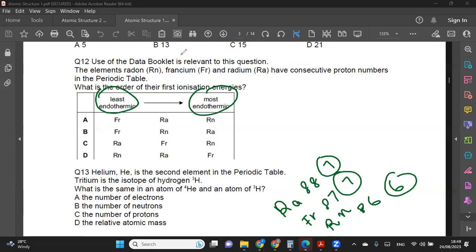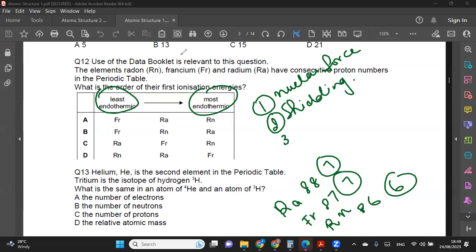First of all, let's try to take a look at which one of them will have the least ionization energy. When we take a look at ionization energy, I told you guys we will take a look at 3 things: nuclear charge or nuclear force, shielding, and repulsion between electrons.